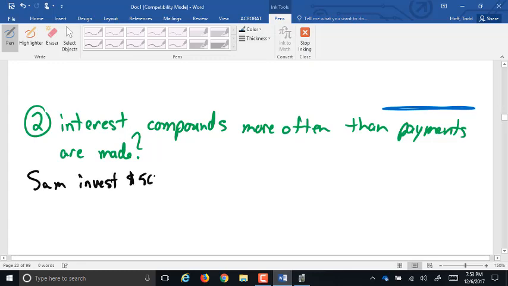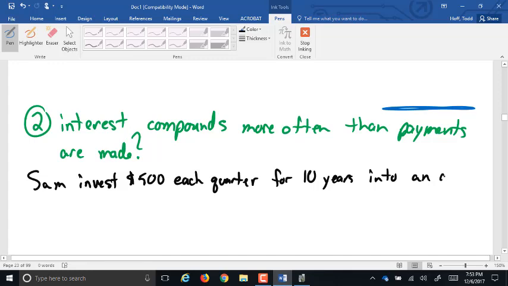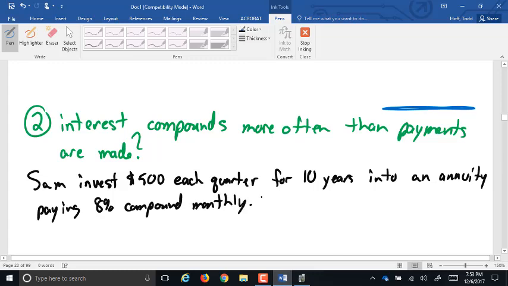Sam invests $500 each quarter for 10 years again into an annuity paying 8% compounded monthly. Of course, find the future value.